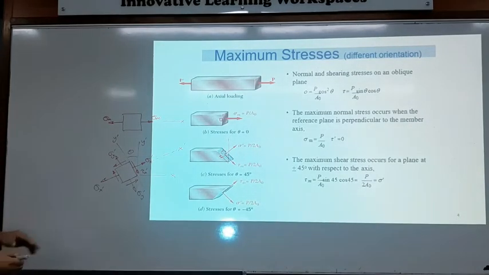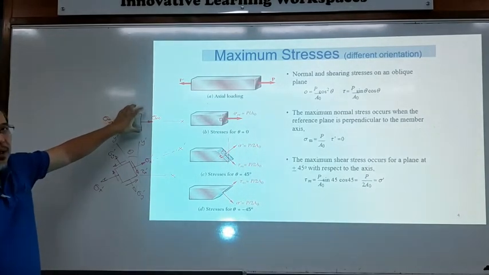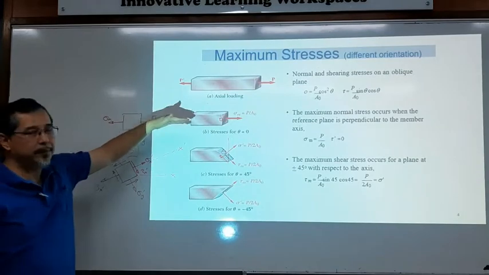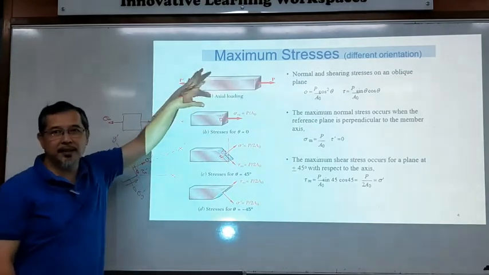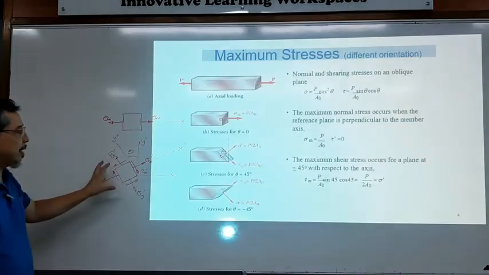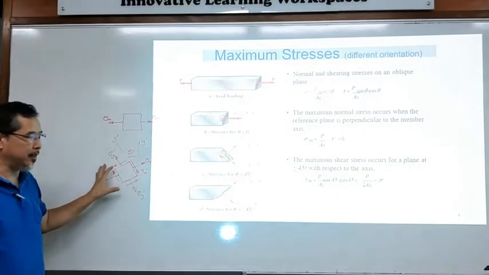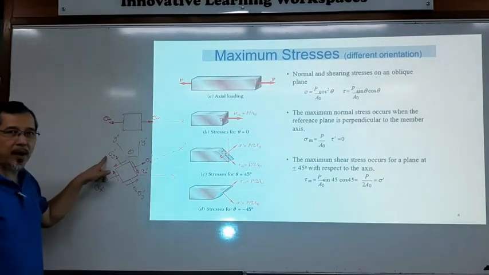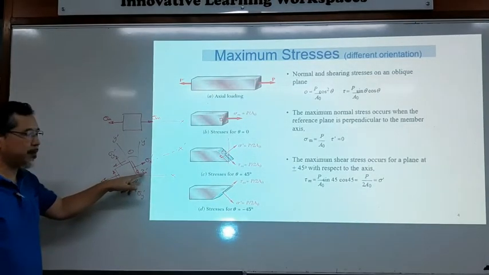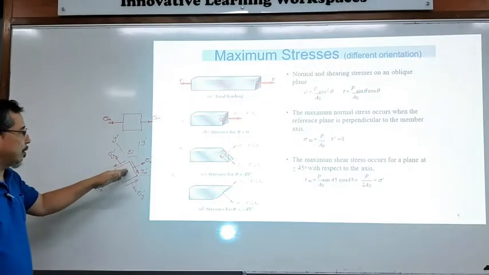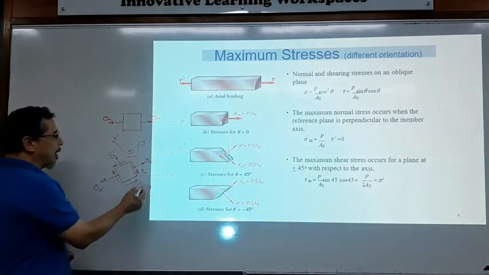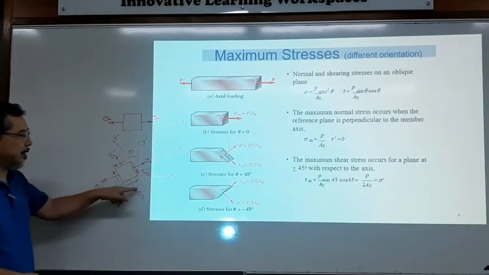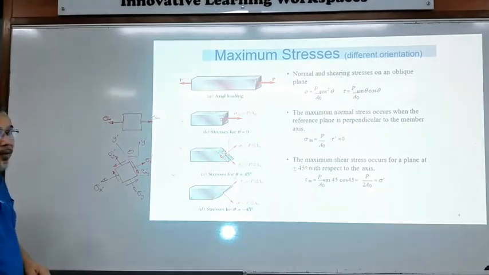So we can see that as we change the orientation of the stress element from its main direction, which is the longitudinal direction for this simple loading, we'll find that it becomes a complex stress situation where we have sigma x prime, we have sigma y prime, and we have tau x prime y prime. That's in the x plane, but in the y direction, it's tau xy.